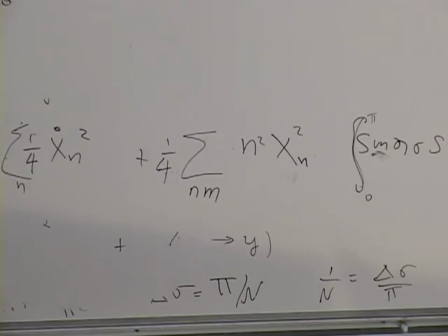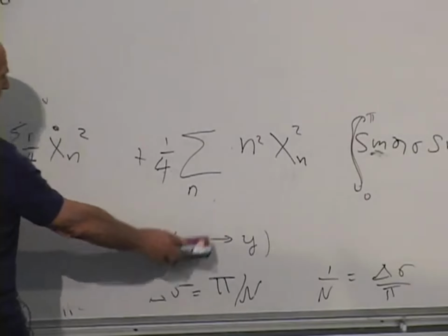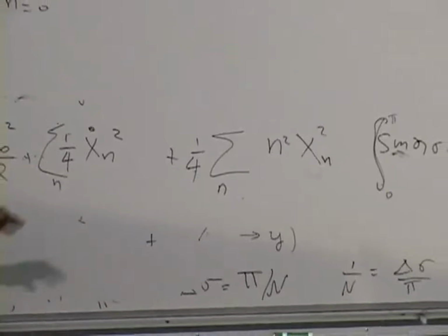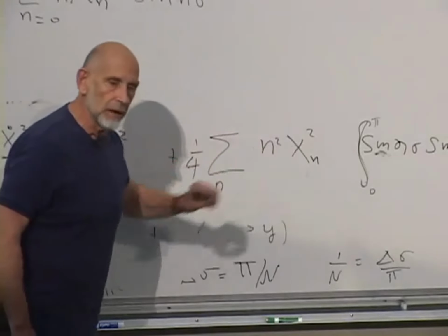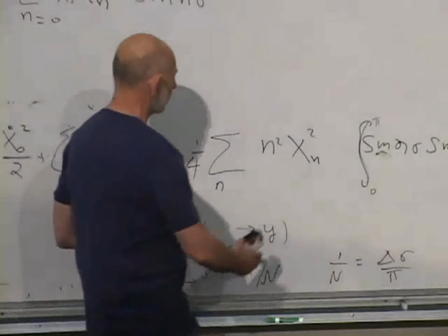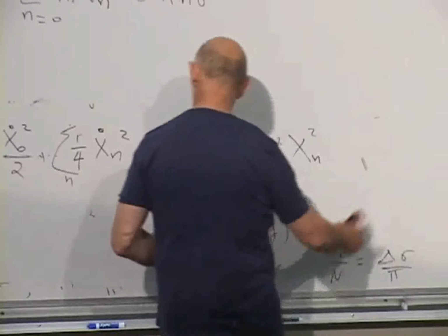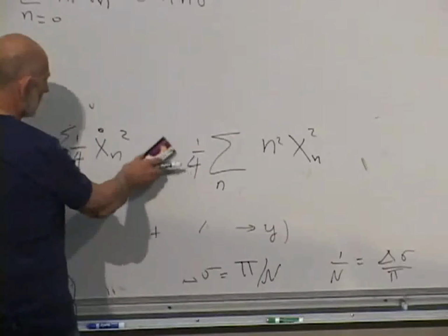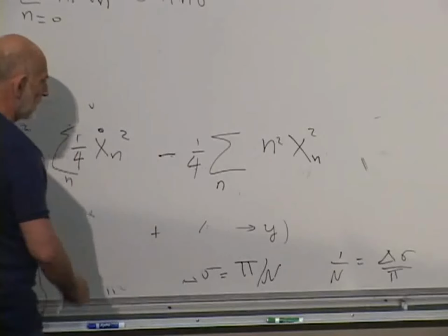So it looks like this, the same factor of a quarter, but instead of xn dot squared, it has n squared times xn squared. If we're doing the Lagrangian, it's minus. For the energy, it's plus.